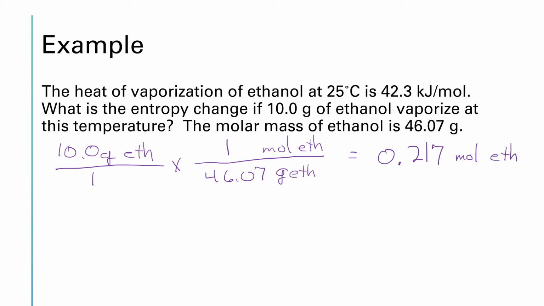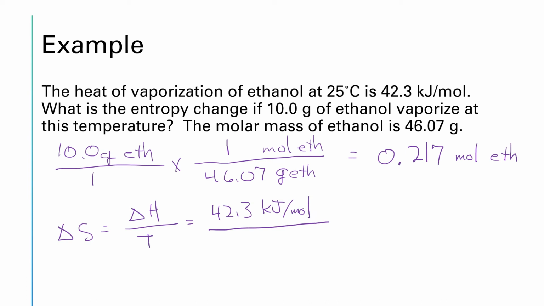Now, our equation was that delta S was equal to delta H divided by T, and our delta H was given as 42.3 kilojoules per mole.